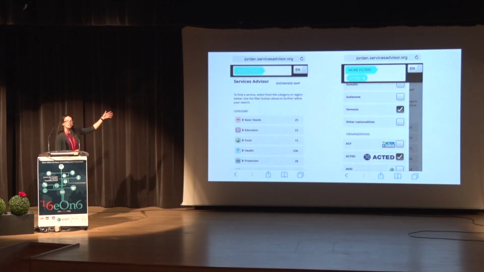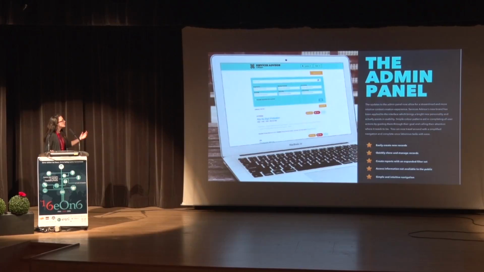I showed you originally the web application, but this is also a mobile application as well. And essentially this database and this app has been developed with the assistance of a number of refugees that were consulted to figure out what do they really need in order to help them get access to the most important information for them. Behind the scenes, so that's the public facing for any of the refugees who are trying to find access to this information.